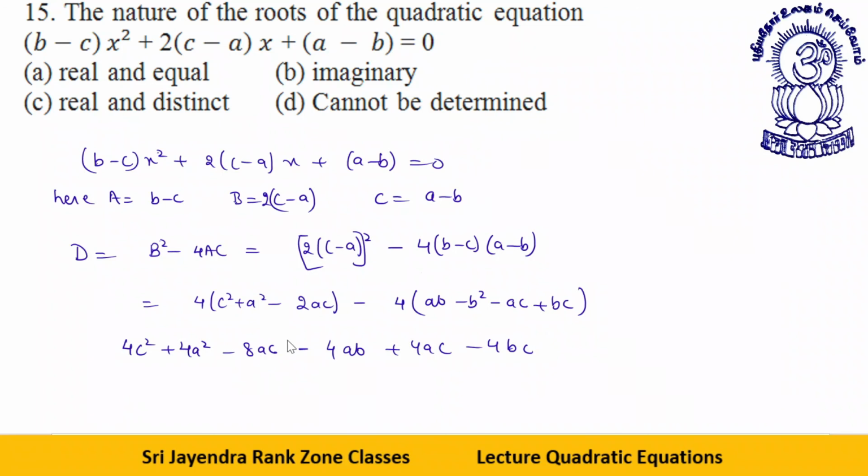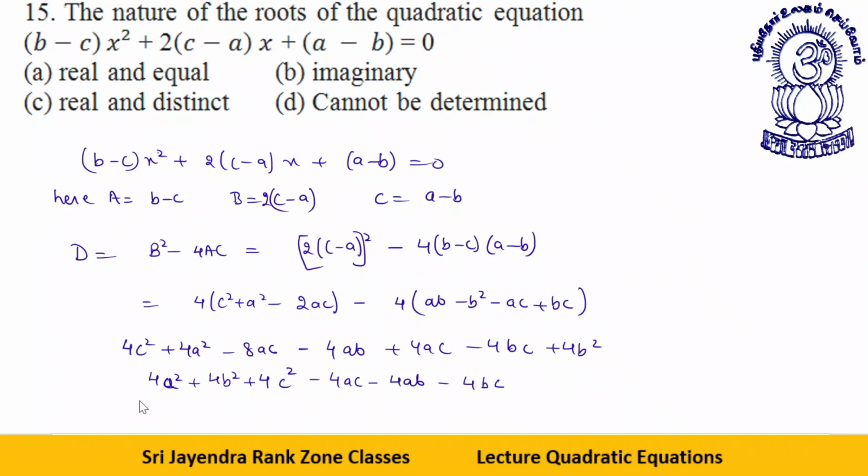Minus 8ac plus 4ac. So you have 4c square, 4a square. In between there was plus 4b square also, which I missed out. Plus 4b square, plus 4c square, 4a square, minus 4ac minus 4ab minus 4bc.